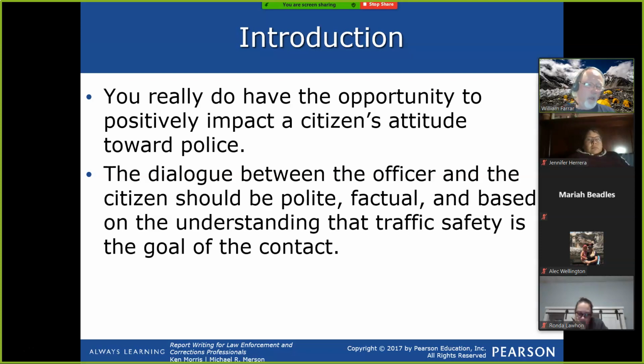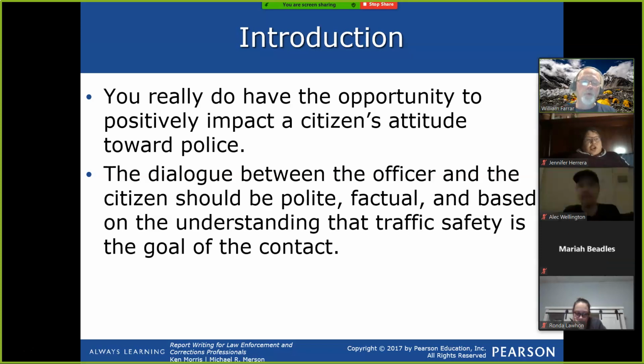A lot of officers actually develop a very solid routine on what they're going to say. And there's a big difference between "Do you know why I pulled you over? License and registration," versus "My name's Officer Farrar from Rialto Police Department.